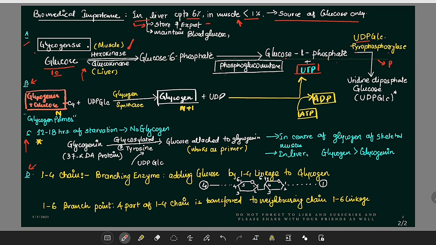During this process, a pyrophosphate is released and broken down into two inorganic phosphates, driving the equilibrium in the forward direction for the production of the uridine diphosphate glucose molecule, abbreviated as UDP glucose. This works as the monomer for glycogen synthesis.